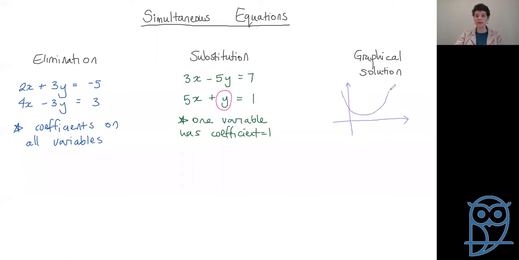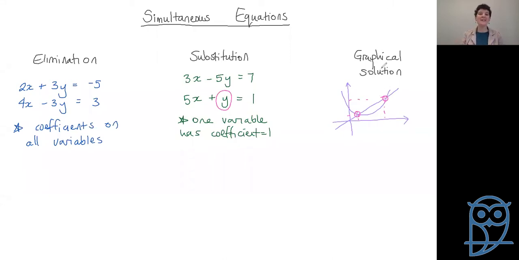Let's say we have a quadratic and we have a linear, and then we would look for the solutions of the equations by where they intersect. So it would be those 2 points of intersections, and we can read the x values of our graph, we can read the y values of our graph, and we can get the solution to the equations.